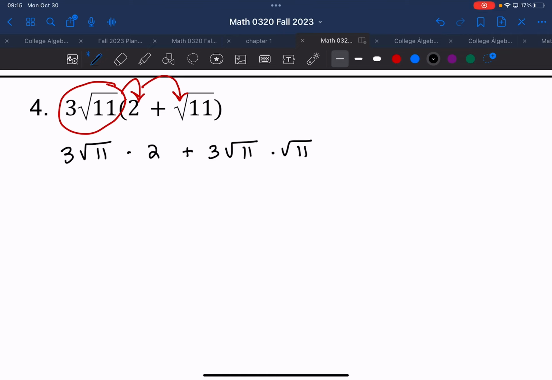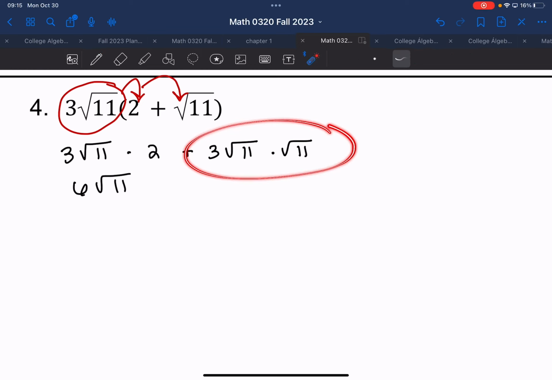Okay. How can we simplify this first part here? 3 times 2. Good, we would do 3 times 2 because these are the whole numbers, right? 3 times 2, which gives us 6 square roots of 11. How would we simplify this second part? Cancel out the square root, technically. Yes, but there's a step prior.